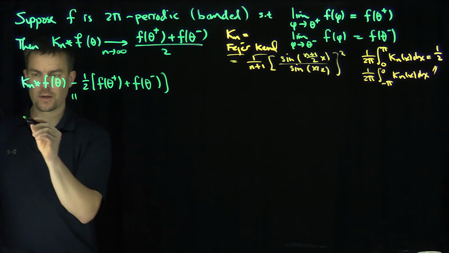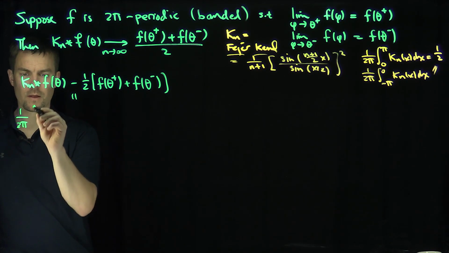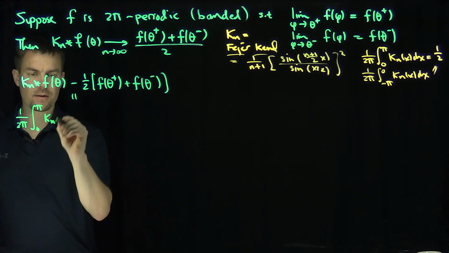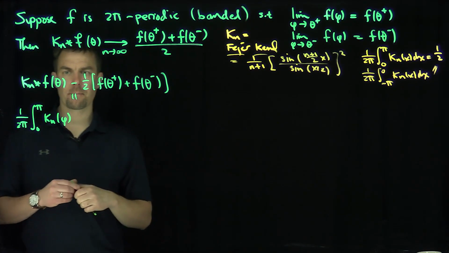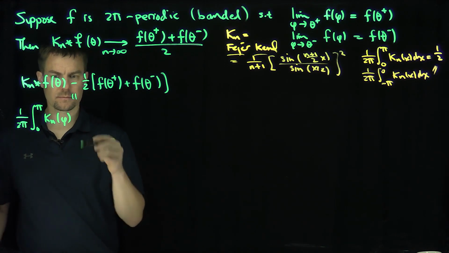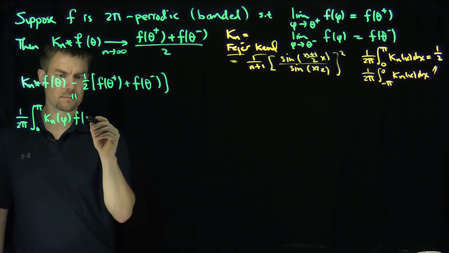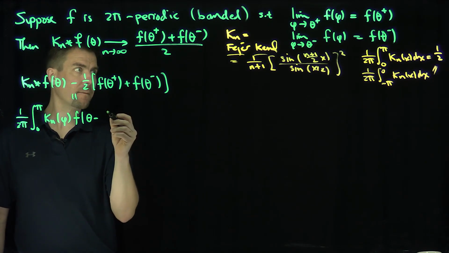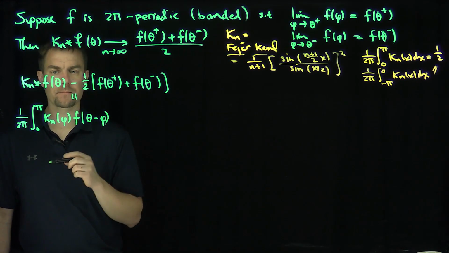The first part is going to be 1 over 2 pi, the integral from 0 to pi, and then we're going to have Kn of phi, and then f of theta minus phi, like that.